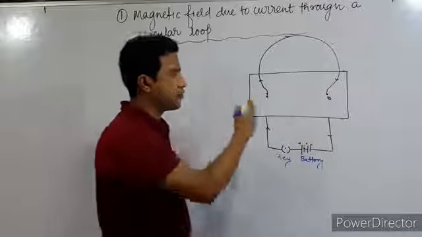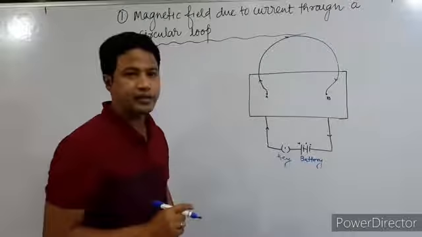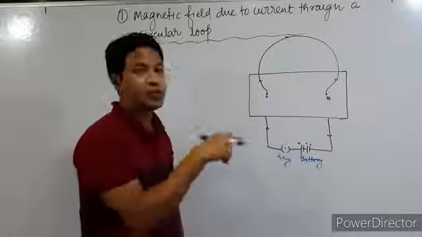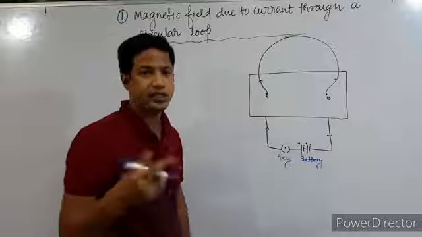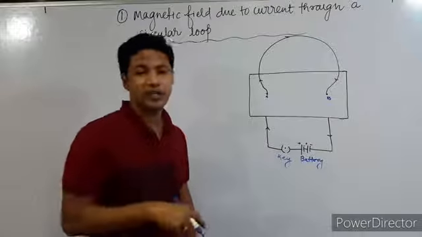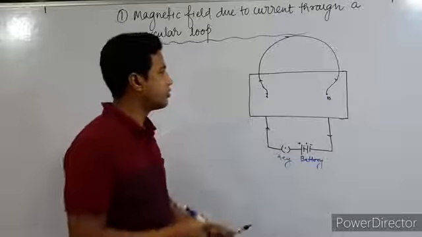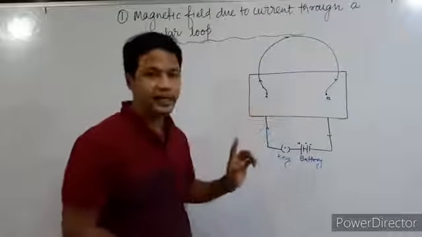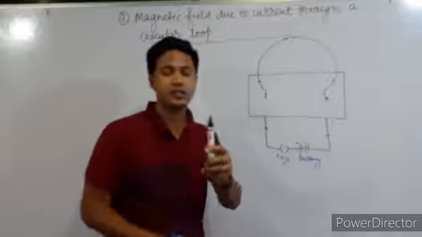As the current is flowing through it, definitely it will create a circular magnetic field around it. We have studied in the straight conductor that it creates concentric circles around it. So here, at point A, it will behave like a straight conductor.